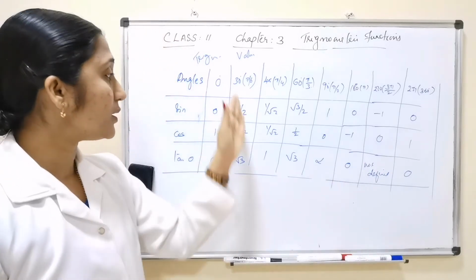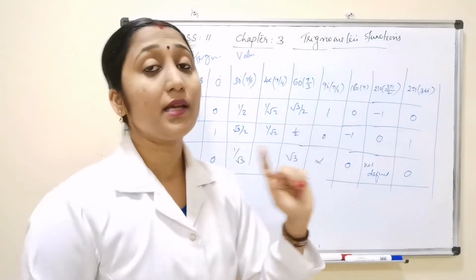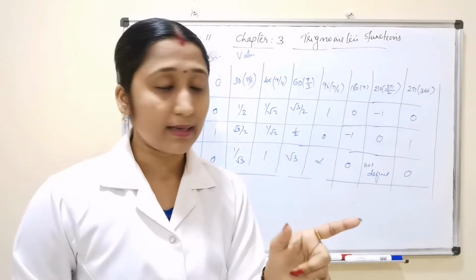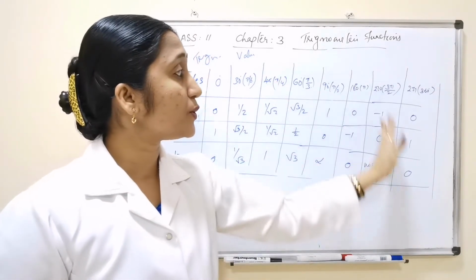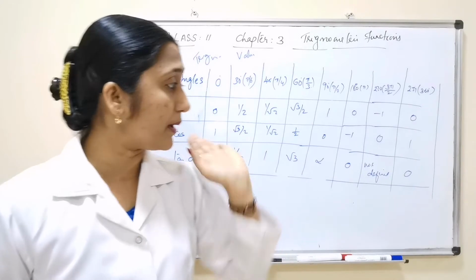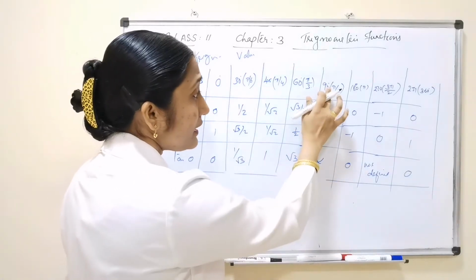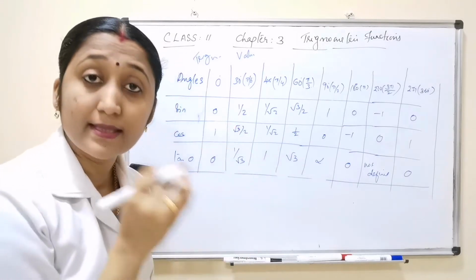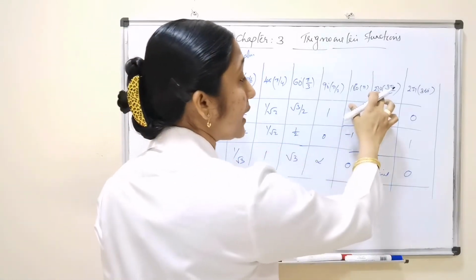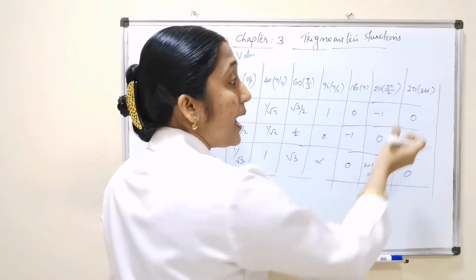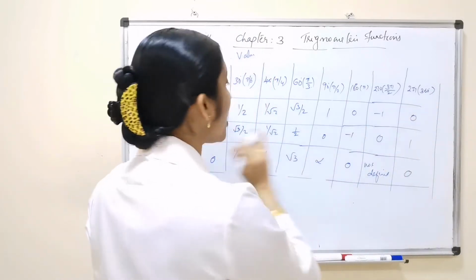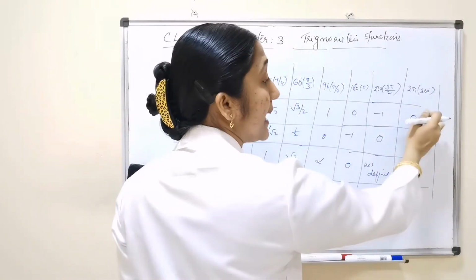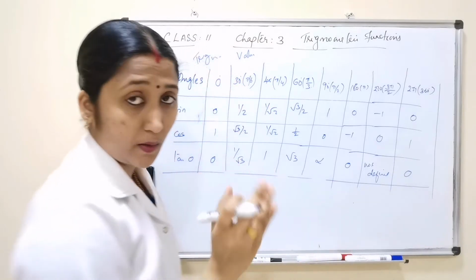Next, up to 90 we studied in the 10th class. The remaining 180, 270 and 360 we want to memorize. Here tan 90 is not defined, it is infinity, and tan 270 is also not defined. For 360, only cos 360 is 1; sin 360 and tan 360 are 0.